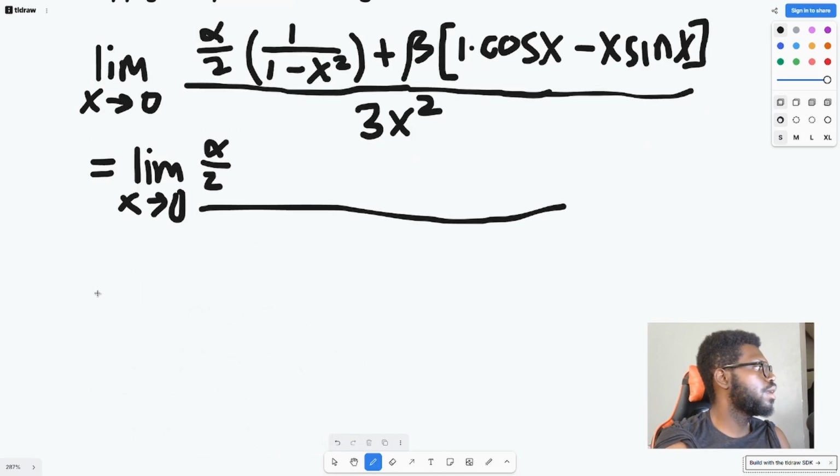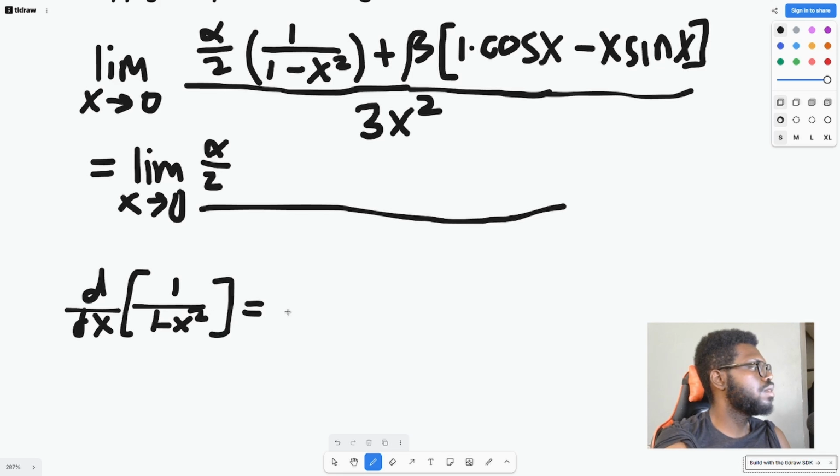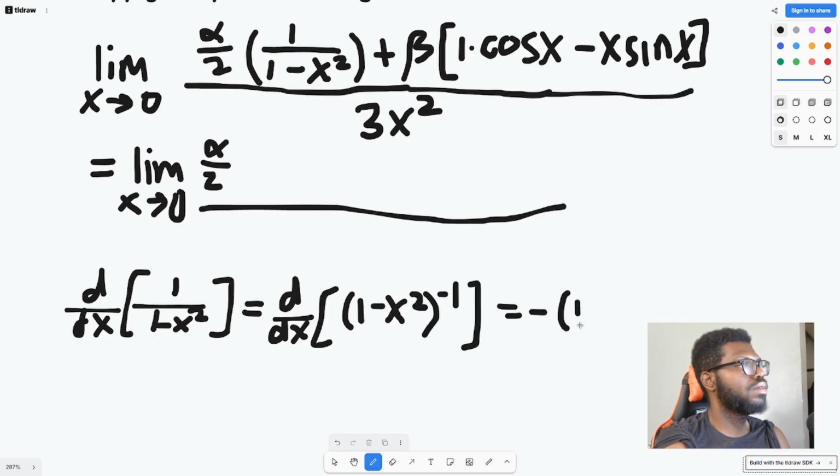So I'll just write d over dx of 1 over 1 minus x squared is equal to, again, this is the same as 1 minus x squared to the negative first power, which is going to be negative 1 minus x squared to the negative second power times the derivative of 1 minus x squared, which is going to be negative 2x.